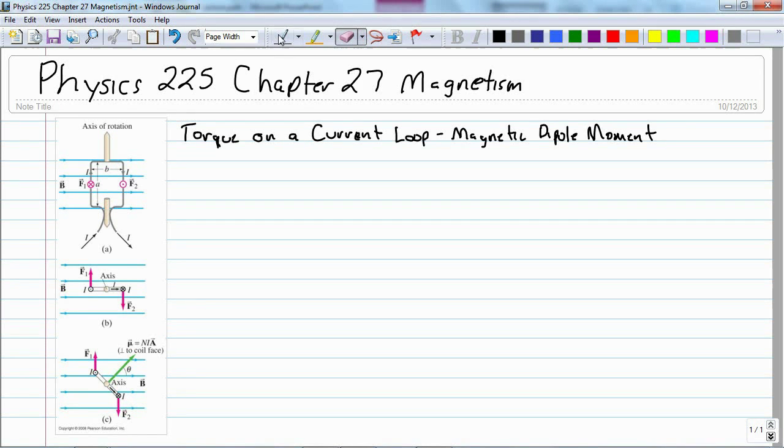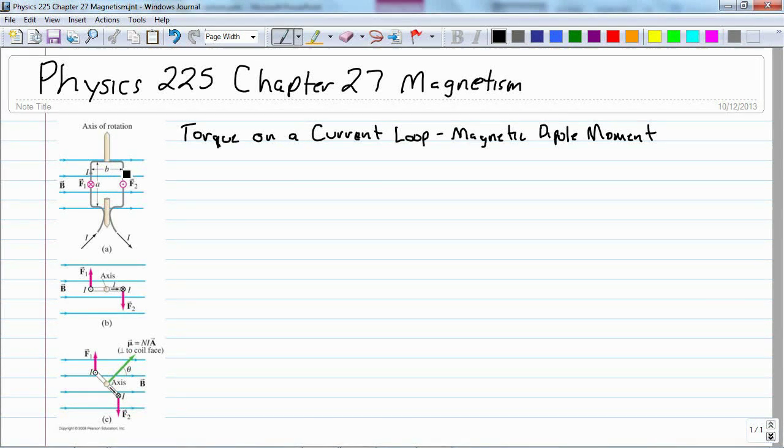Now, get used to contorting yourself to figure out these right-hand rules. I know you'll look a little dorky, but it's a good thing to do so that you know which way things are going. So in this case, for the left-hand side, with the current going vertical in the up direction and the magnetic field going horizontal towards the right, we have a force that's pointing into the page.